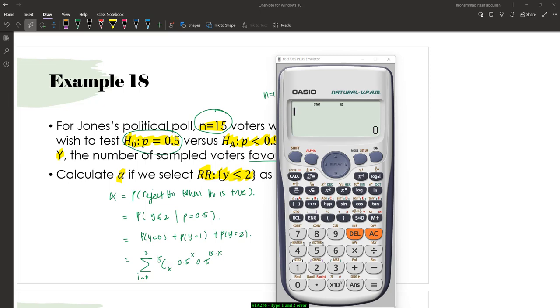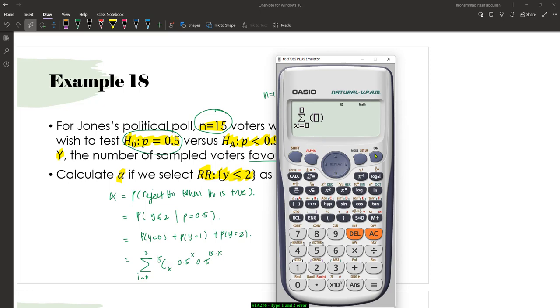Oh, sekejap I tekan dalam calculator, tahu tekan calculator macam mana kan? Perlukah I ajar? Tak perlu kan? So shift, oops, shift this one. Oh, I don't want this. I think too complicated. Yeah.